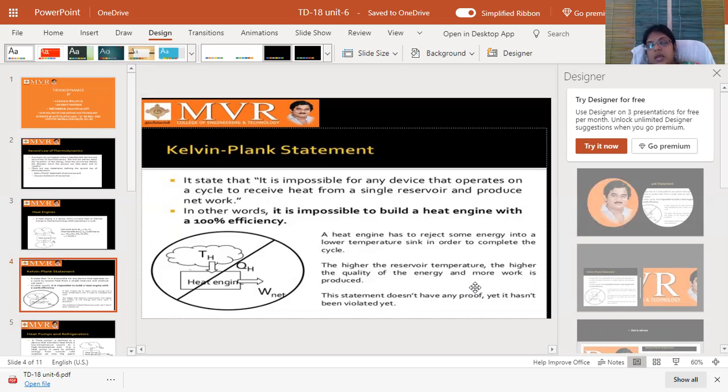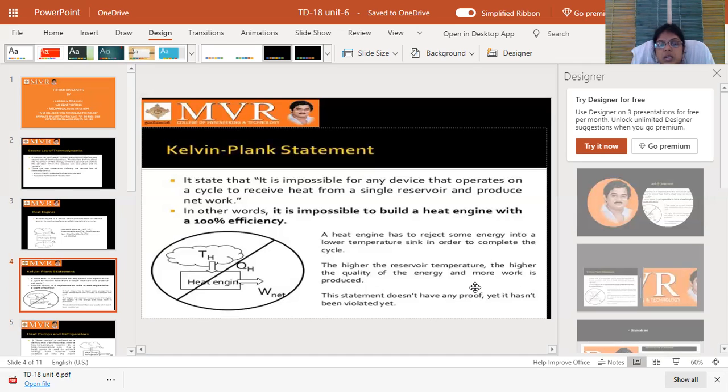If you supply a lower quality of energy, it will not give much work. It gives some losses because the quality is not maintained. If you maintain very good quality of energy, more work is produced.